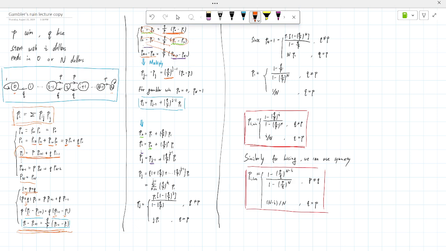So for the gambler's win, P0 equals 0, Pn equals 1. Plug it back in. Pretty much this is gone, so we have this expression. So write this from P2. So P2 equals P1, Q over P, and so on and so forth.